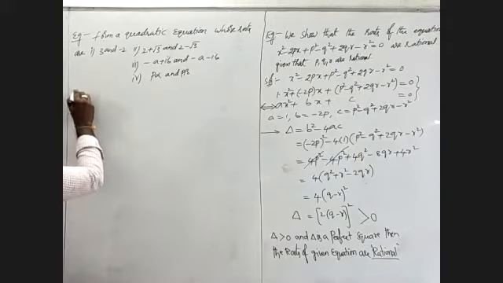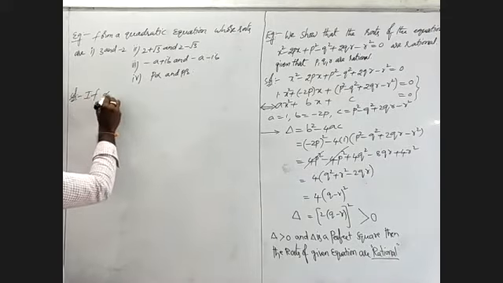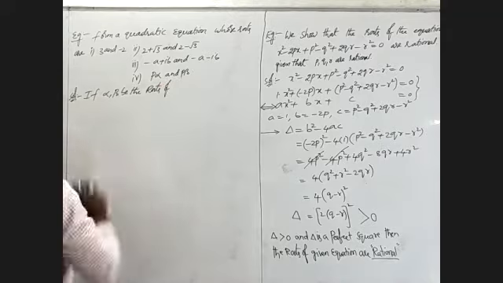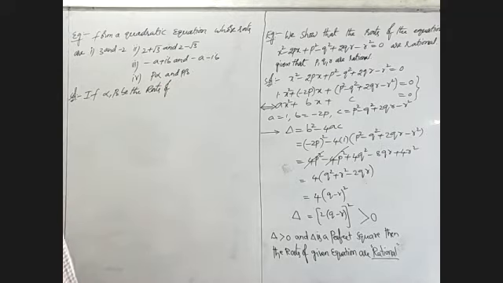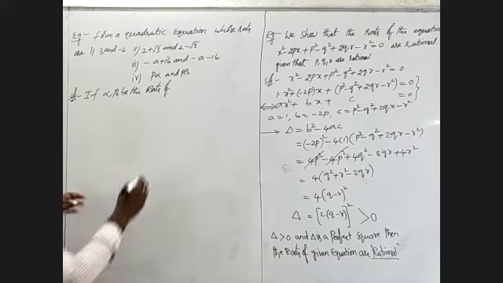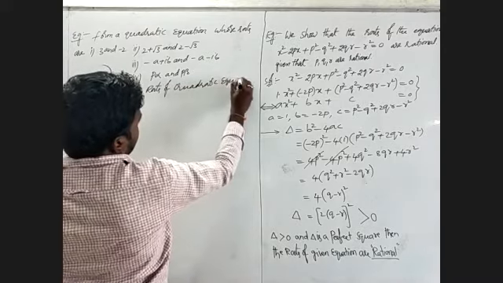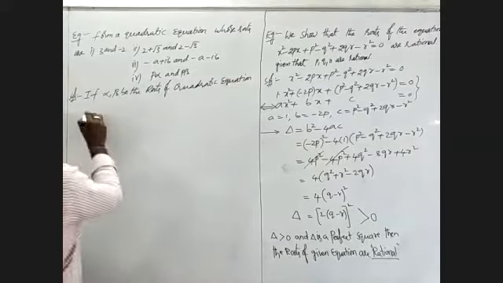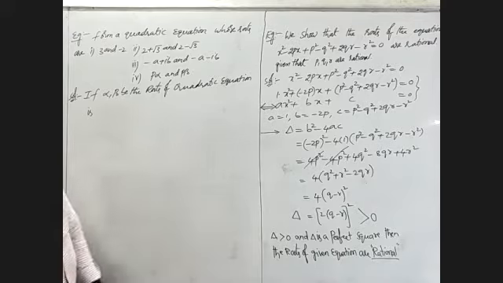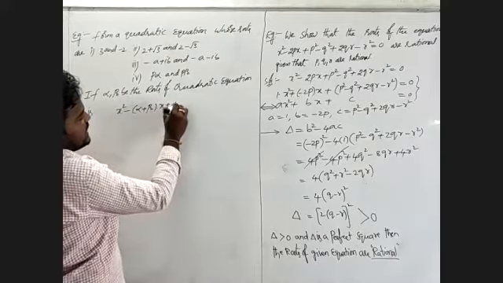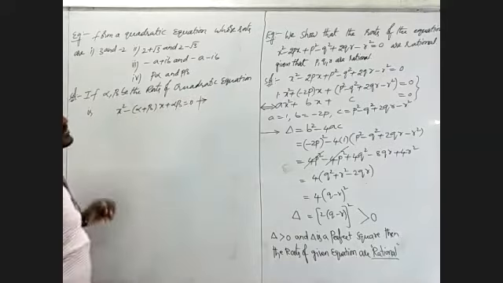Already we know one formula: if alpha comma beta be the roots of a quadratic equation, then the quadratic equation is x square minus (alpha plus beta) into x plus alpha beta equal to 0.